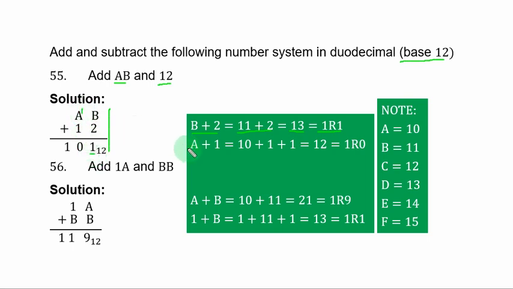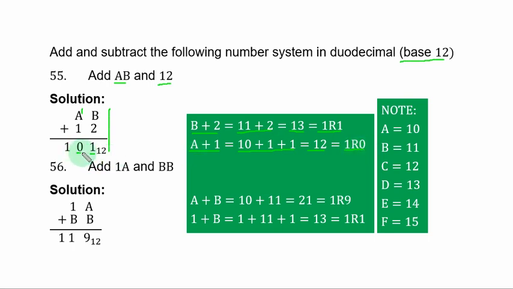So you write down 1, you take the remainder to the next column. The next column is A plus 1, that is 10 plus 1, plus the 1 you carried forward, that is 12. And in base 12, you cannot write 12. Divide 12 by 12, that is 1 remainder 0.